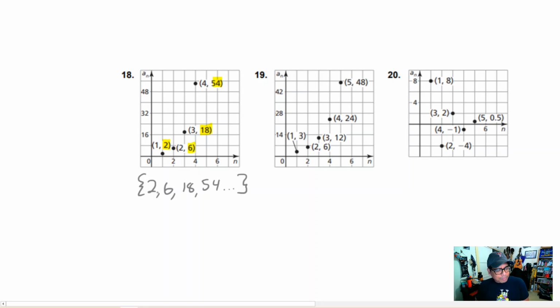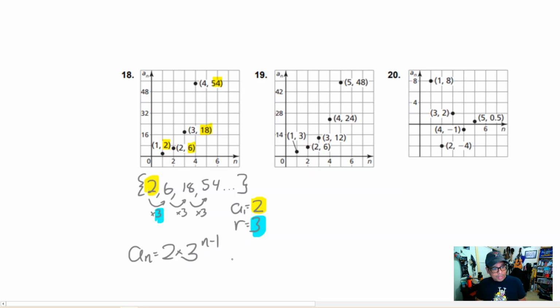Let's work with this one, and I can see that this is a multiply by 3 sequence. So the first term is going to be 2. The ratio is going to be 3. And if I substitute all of those numbers into the explicit formula, a1 multiplied by r to the n minus 1, well, a1 is 2, and r is 3.